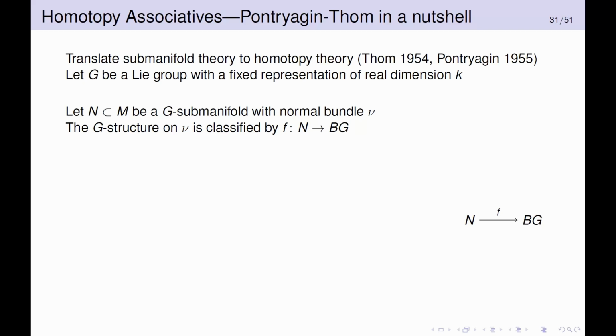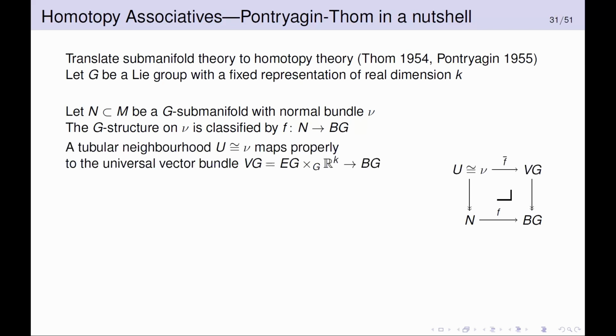This G structure can be classified by a map from N to the classifying space BG, and this map is well defined up to homotopy. I guess most of you have seen that. Because of this, we can take the universal vector bundle associated with the representation over BG and pull it back to N, and identify it with the normal bundle μ. This is what this classification basically says.